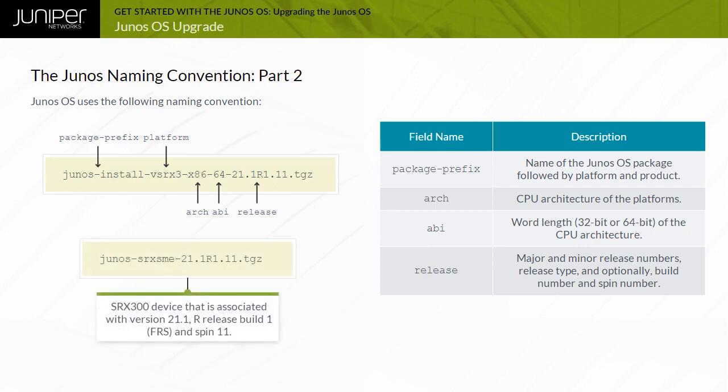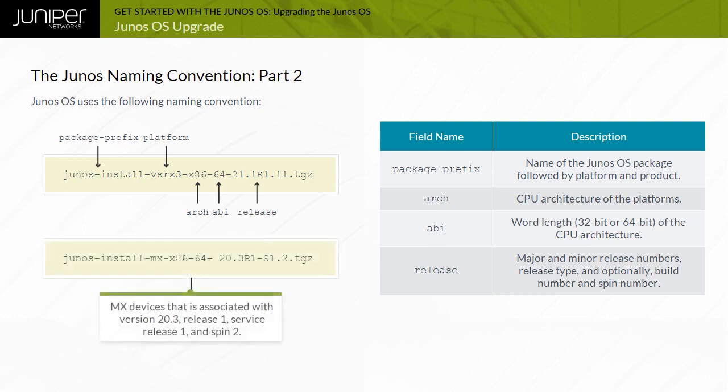For example, junos-srx-sme-21.1R1.11.tgz indicates a Junos image for the SRX300 device that is associated with version 21.1R release build 1, FRS, and spin 11.